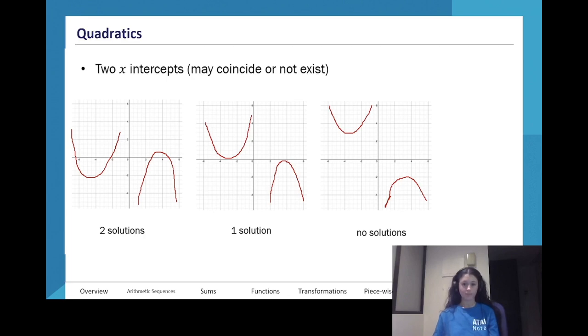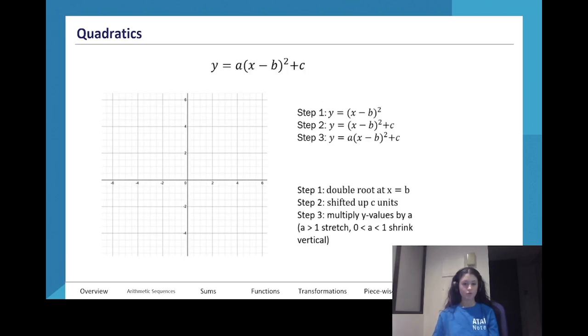Okay, now getting on to the different forms of quadratics. In your syllabus, it specifies that you need to understand all of the different forms that quadratics have.